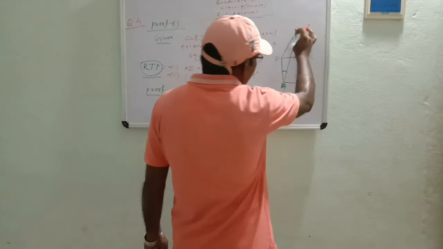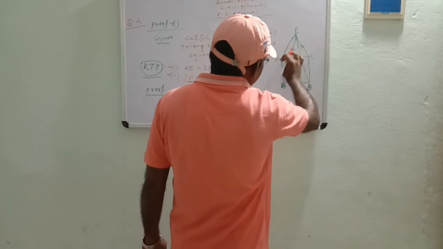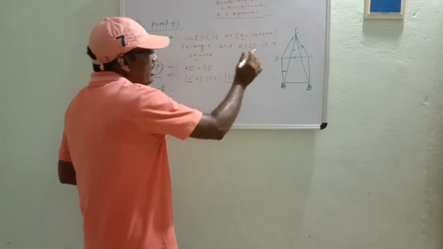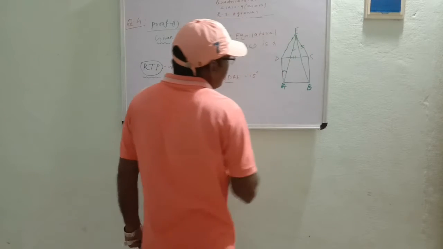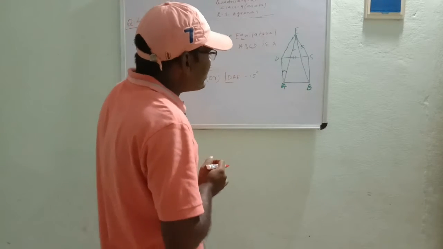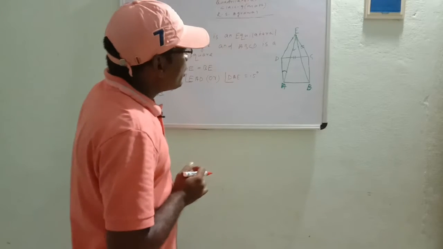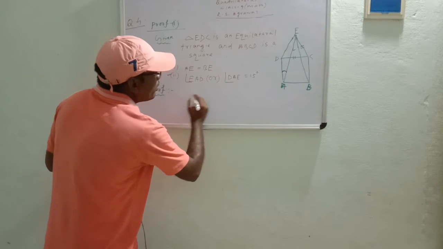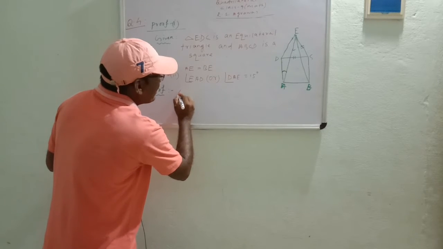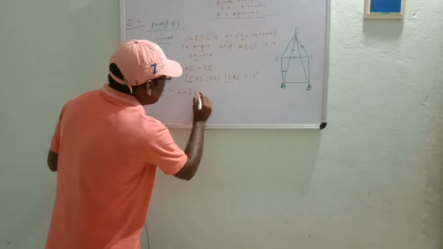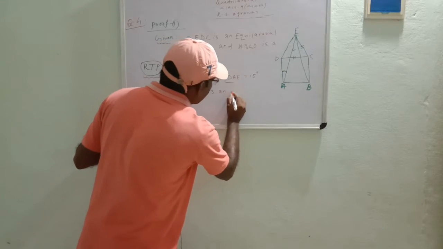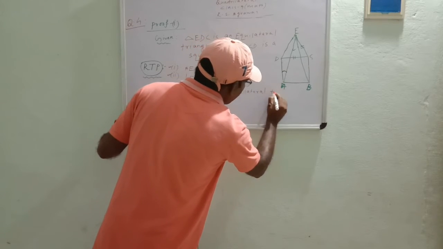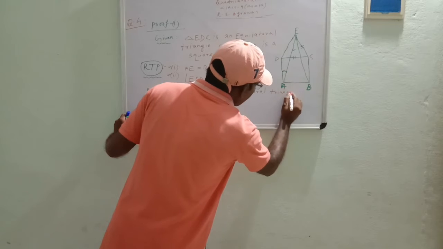First you consider the triangle EDC. As it is an equilateral triangle, therefore all its angles will be 60 degrees. So write it. Triangle EDC is an equilateral triangle. It has been given in your question.